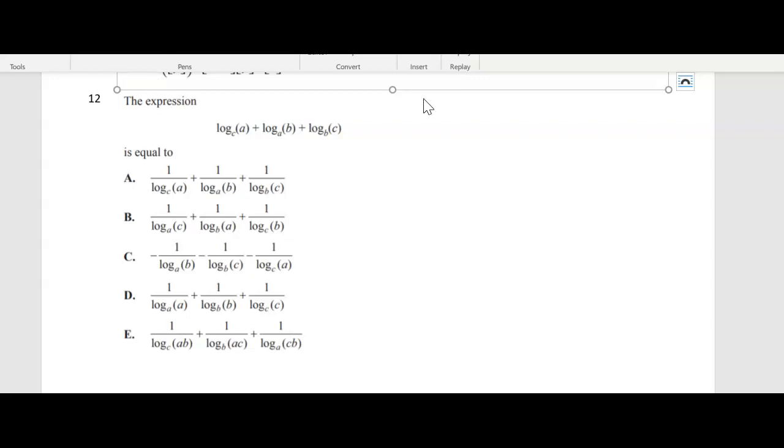So log base A of C is equal to log base B of C over log base B of A. With this you can see you've got 1 over.